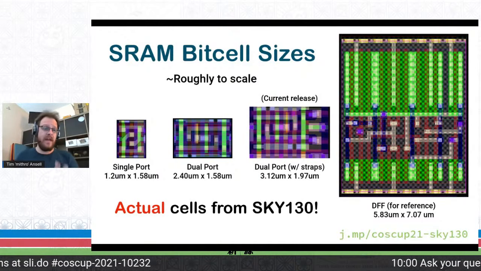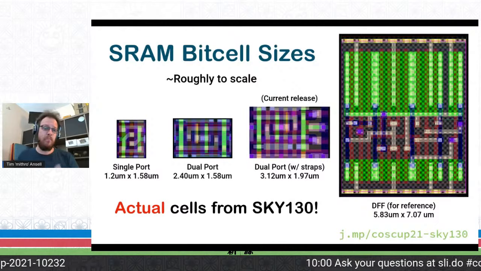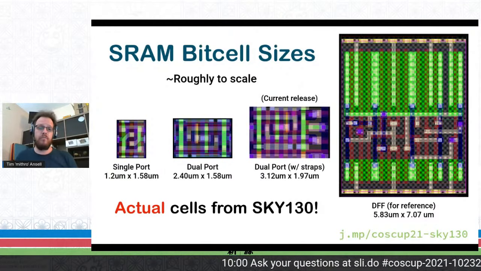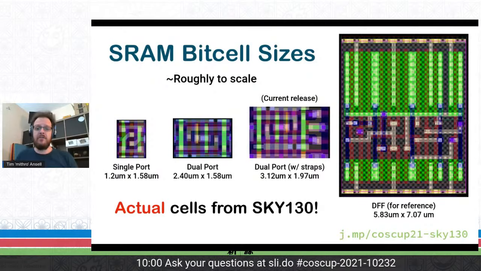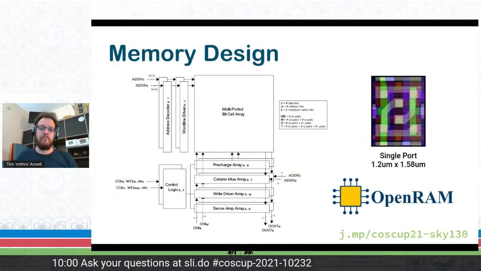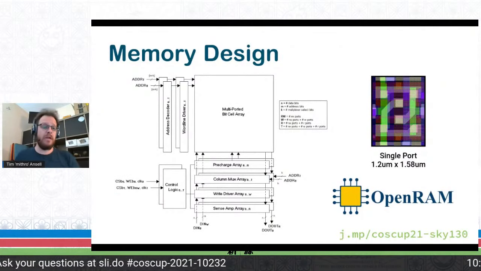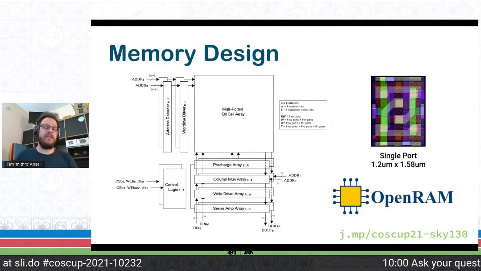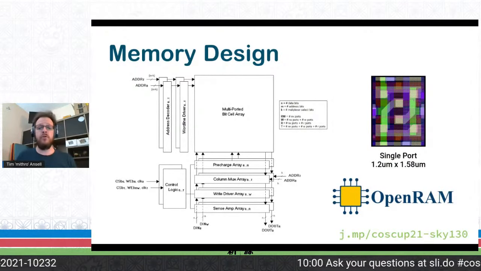And the thing with SRAM cells, though, is you need more than just a cell to produce a memory. So we worked with OpenRAM to create a memory compiler that's able to use these SRAM cells that is completely open source.